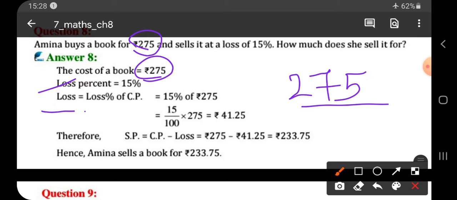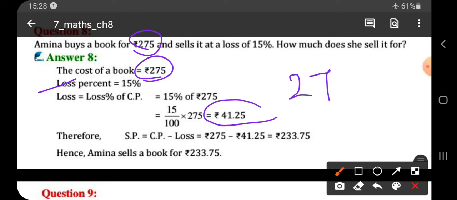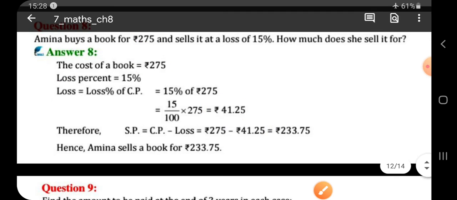So loss is equal to loss percent of cost price. 15% of 275. So it's 15 upon 100 into 275. So 41.25 rupees. Now what is the selling price? This loss you have to subtract from the cost price, and then you will get the selling price. So it's 233.75 rupees.